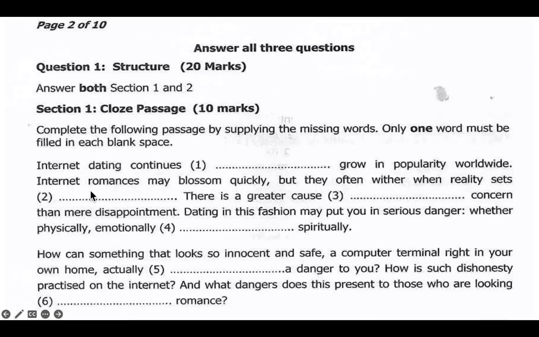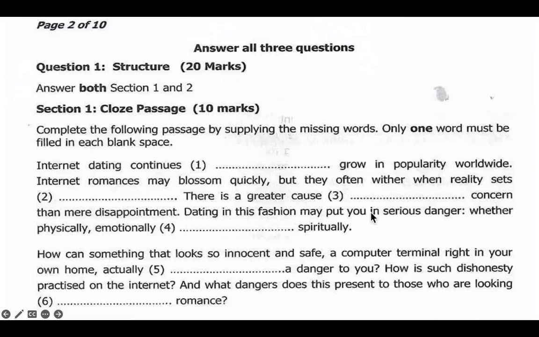That's the good part of cloze. When you just take up the blank, it will be difficult. But often wither when reality sets dash. There is a great cause, dash concern. So here we will see, of concern than mere disappointment.